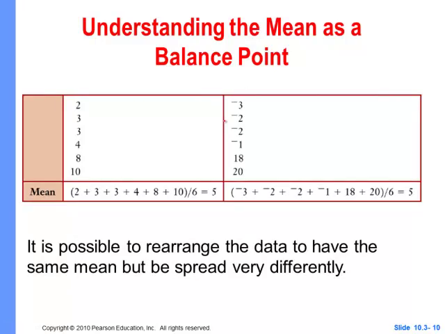Okay. And then they just go on overkill with this, but it is possible to rearrange the data to have the same mean, but the spread be very, very different. So here's one data set, and here's another data set. And so these numbers add up to 30, and when you divide by 6, you get 5. These numbers add up to 30. When you divide by 6, you get 5.